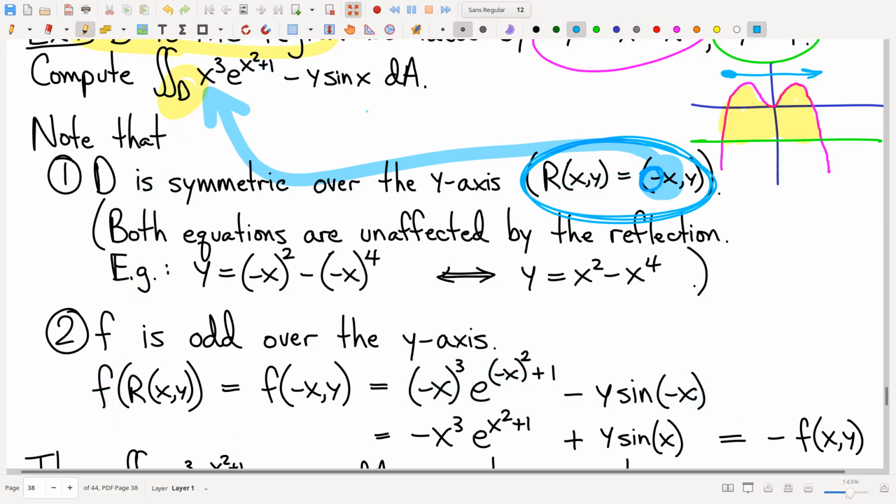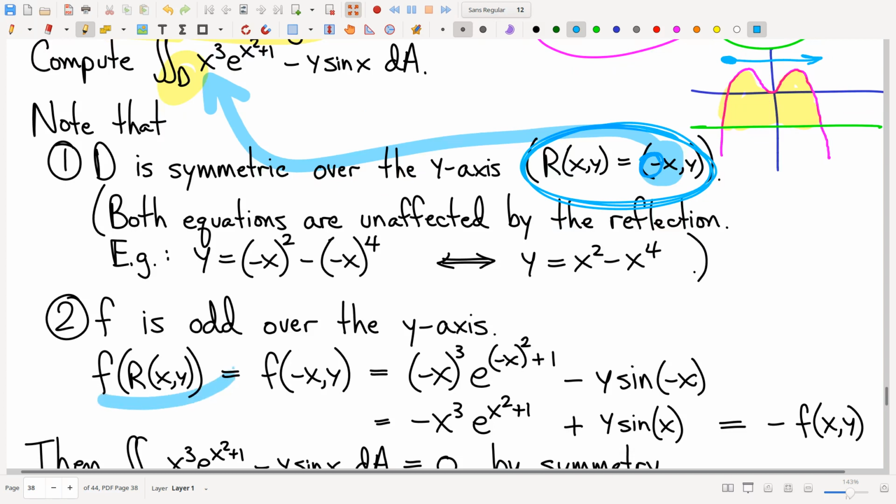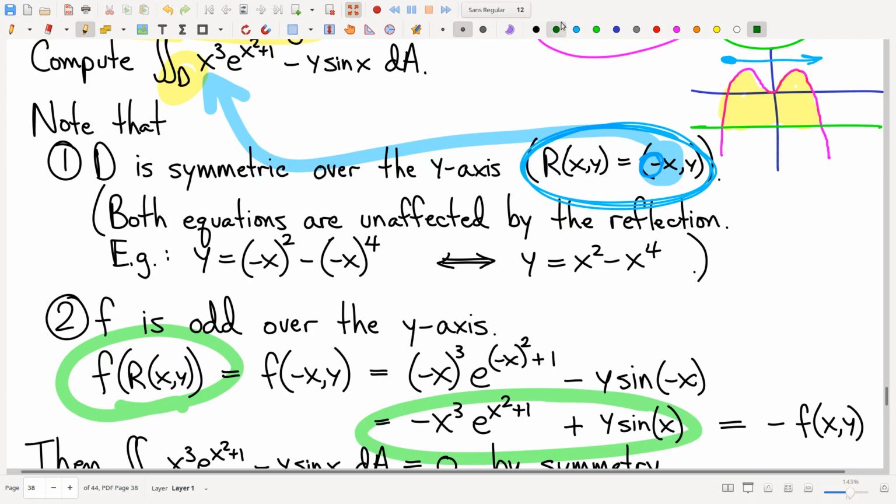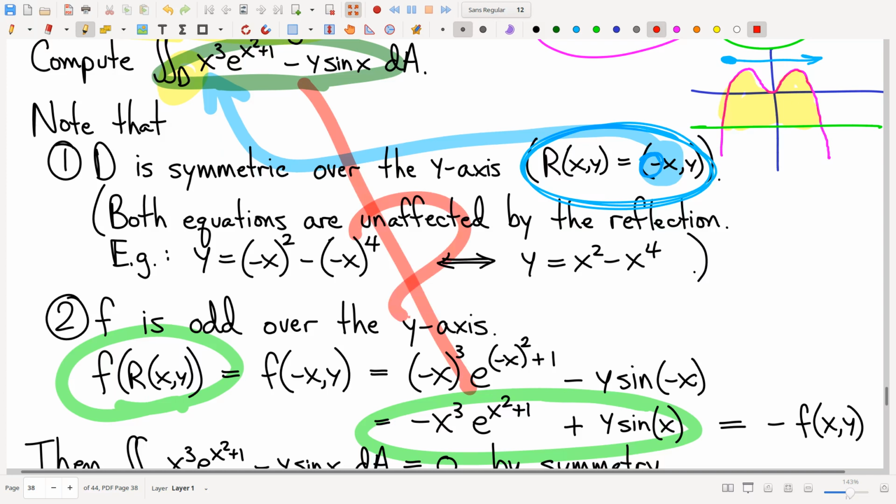Our question was whether this, the value of the function at the reflection, is or is not the negative of the original value of the function. So you've got to compare this to this, and are they negatives of each other?